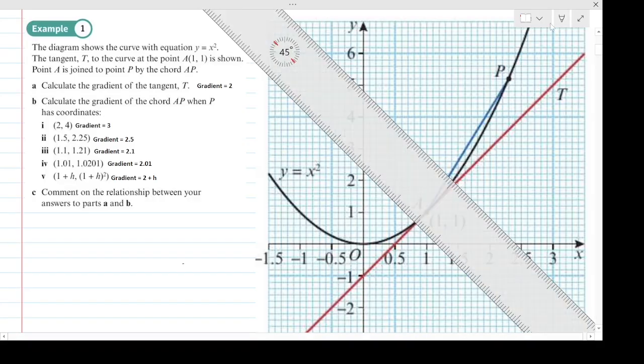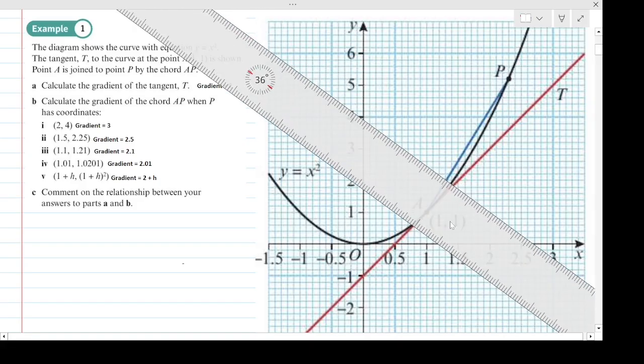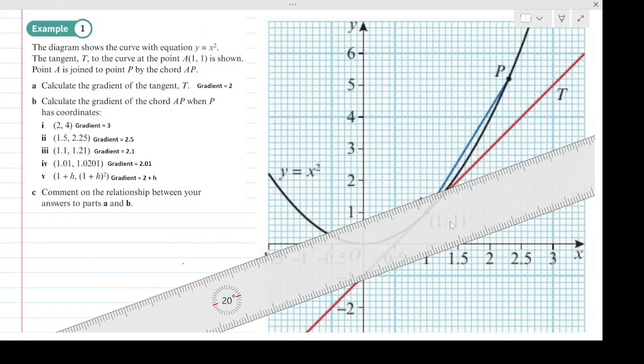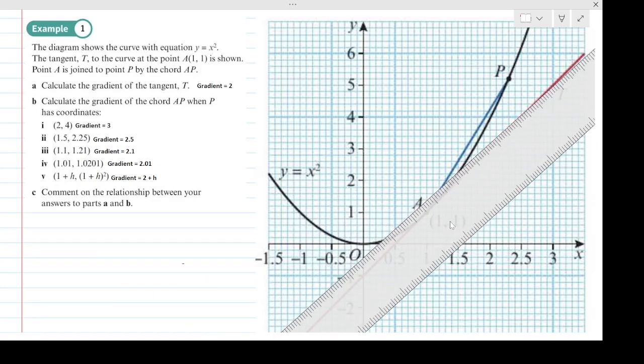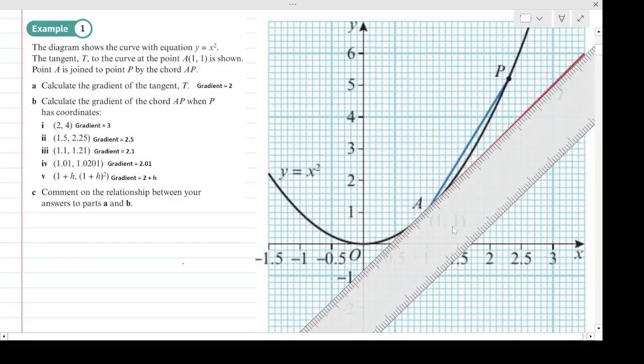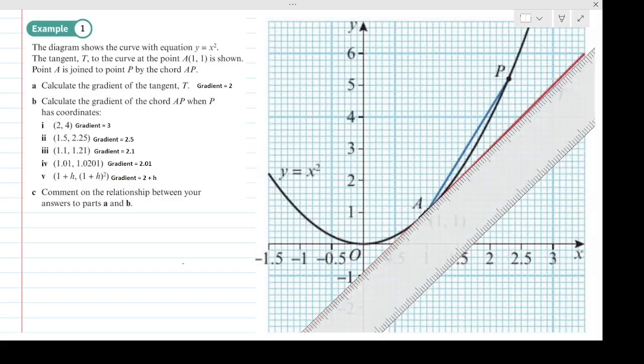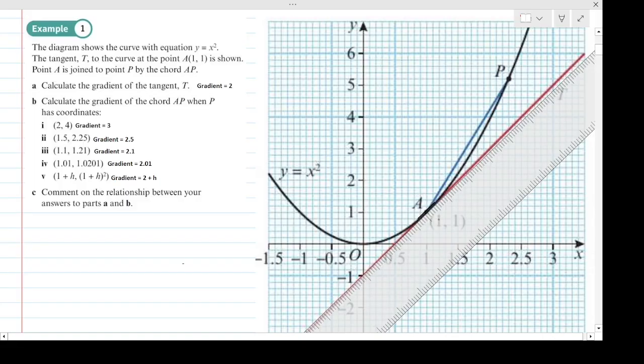So if I move my ruler here to match the tangent, you can imagine moving the ruler so that it just about touches the point A, so it's touching the black curve.